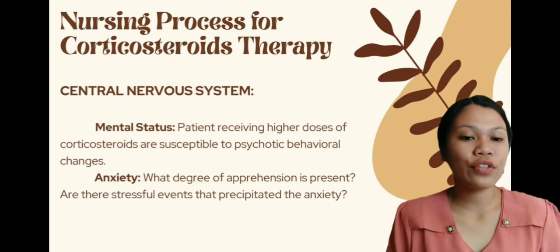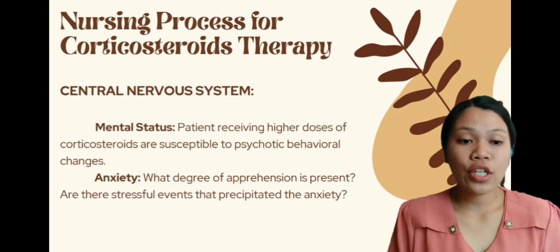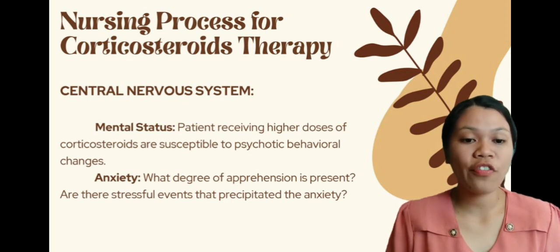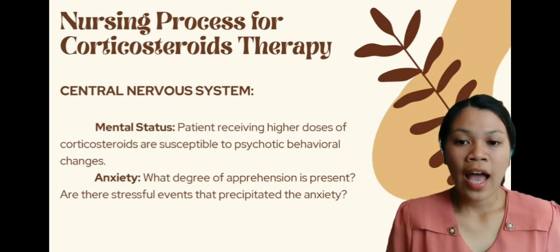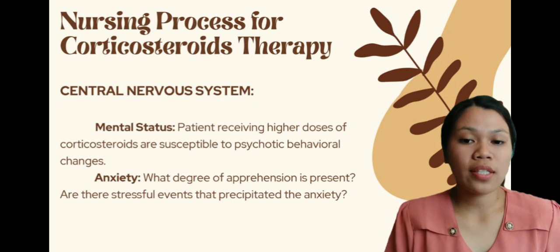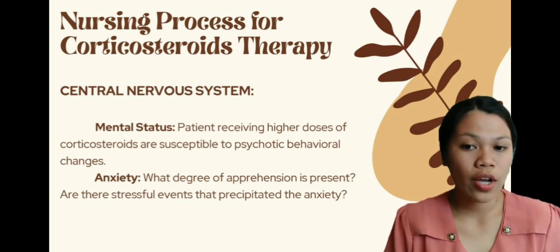Next is the central nervous system. First is the mental status. Patients receiving high doses of corticosteroids are susceptible to psychotic behavioral changes. The most susceptible patients are those with previous histories of mental dysfunction.